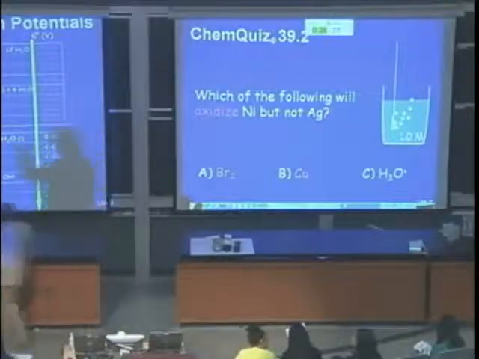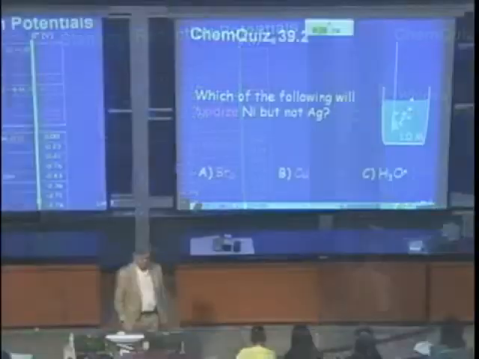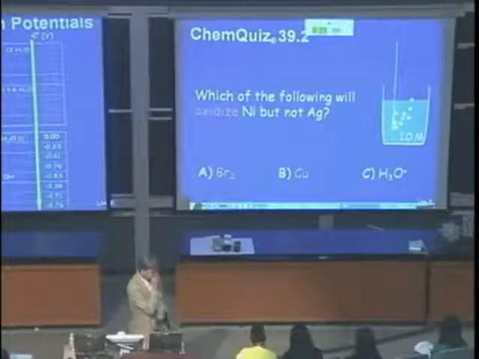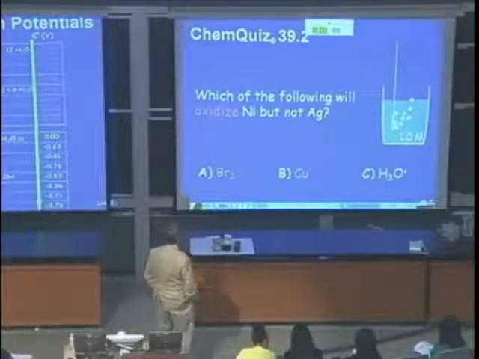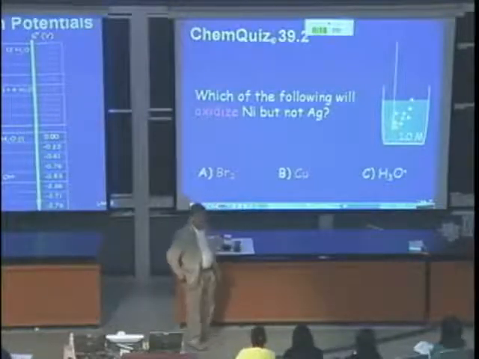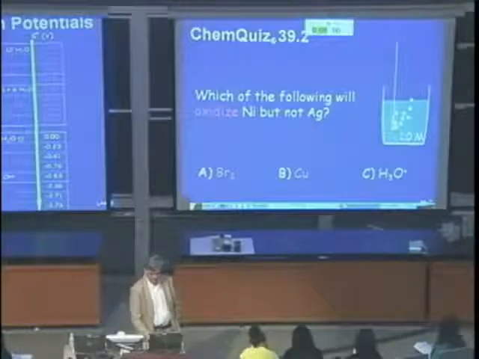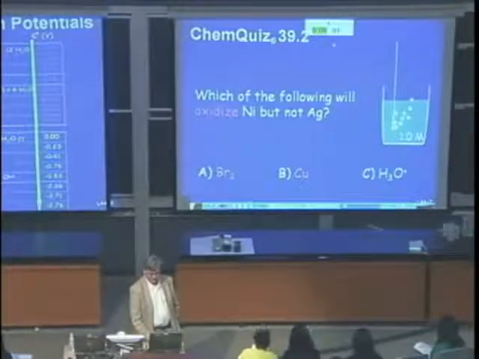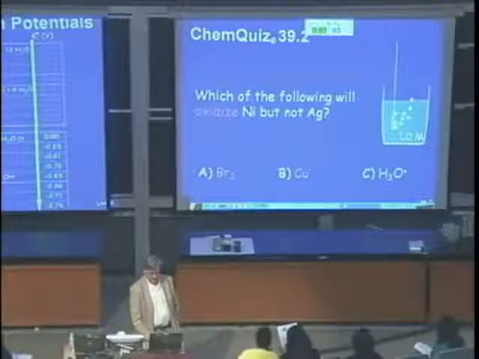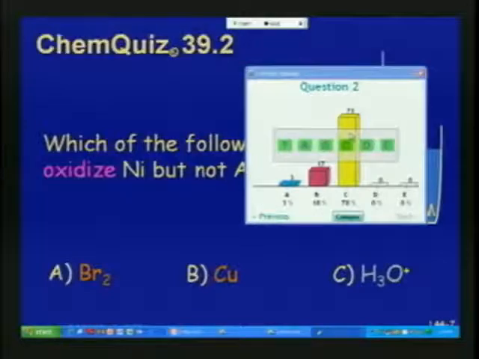So nickel has to go in this way, from this direction, and the others have to go in that direction in order for the nickel to go in that direction. Okay?